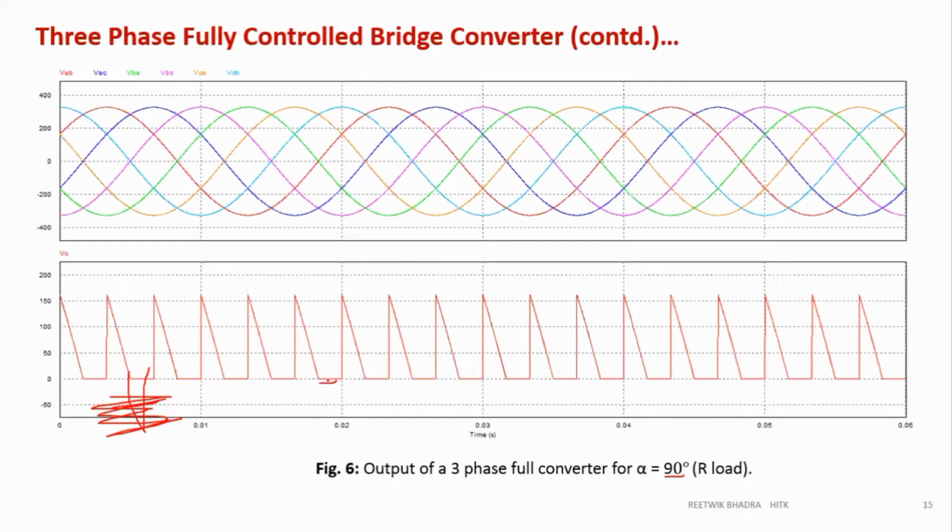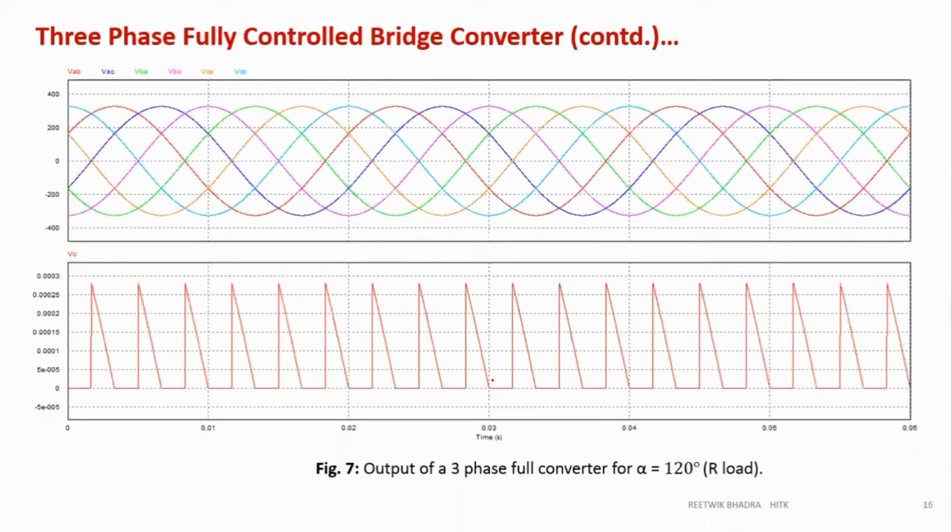From here we can conclude that if you want to see the negative portion, we have to use an inductor at the load. So 60 degree is the limit between continuous and discontinuous conduction.